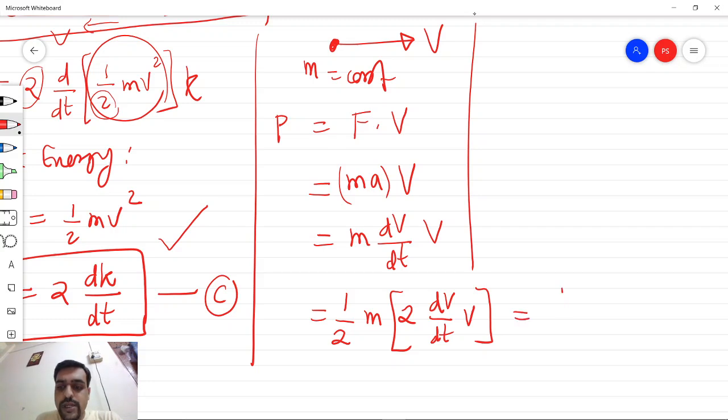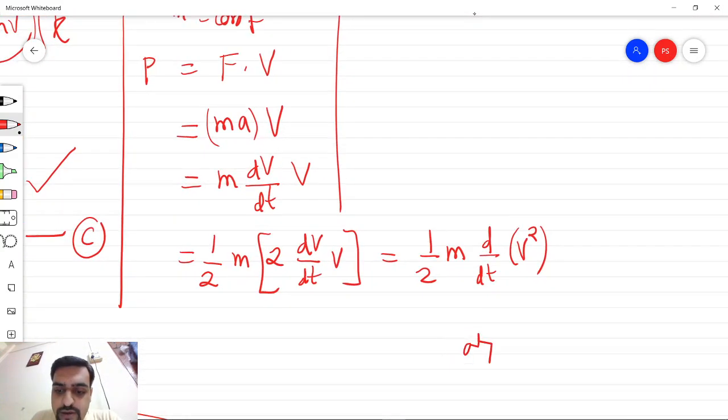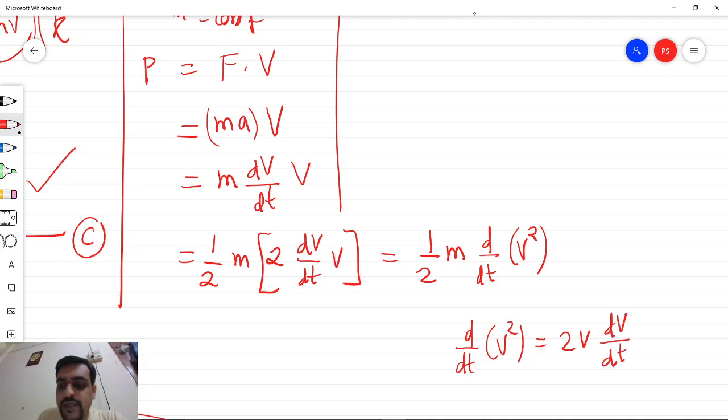Now this can also be written as 1 by 2 m d by dt of v squared, right? Why? Because the derivative of v squared will be 2v dv by dt, which is what we are observing here.